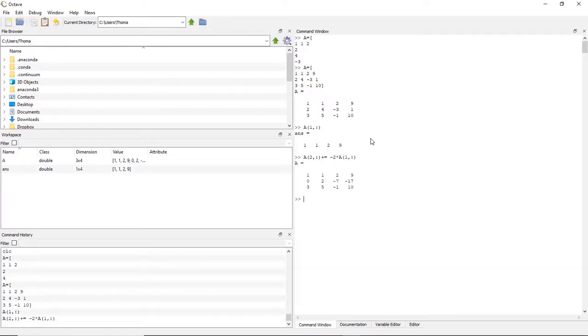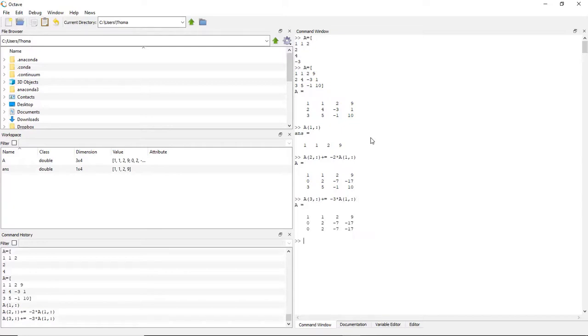And I got that 0. Now, that's a pain the first time, but the next time you just up arrow and then you modify it. So row 3, I would like that to be minus 3 times the first row. And I got that.